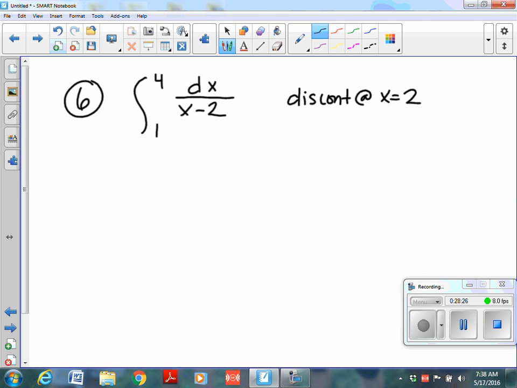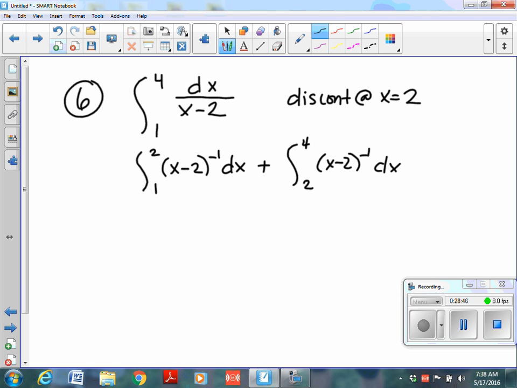So I'm going to integrate from 1 to 2, (x minus 2) to the negative 1 dx, I just rewrote it, plus, then I'm going to integrate from 2 to 4, (x minus 2) to the negative 1 dx. Okay, this is going to be the limit as c approaches 2 from the left, and this is going to be the limit as c approaches 2 from the right.